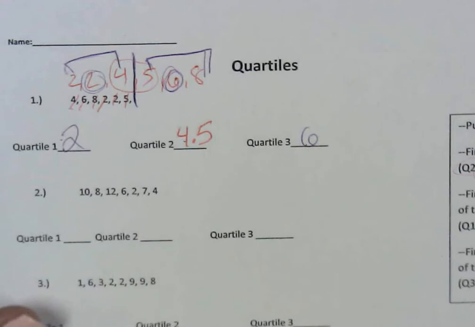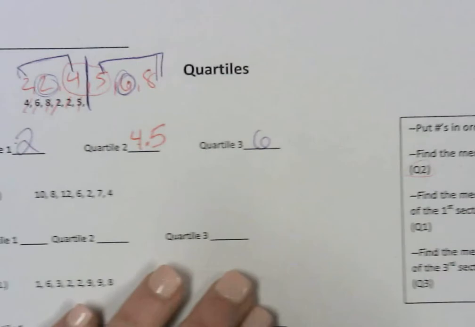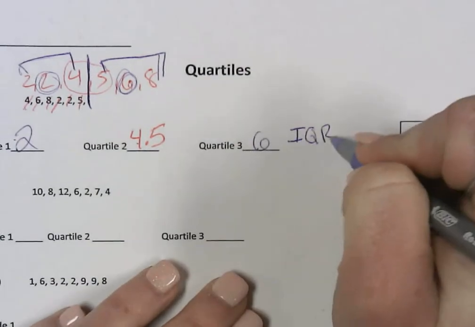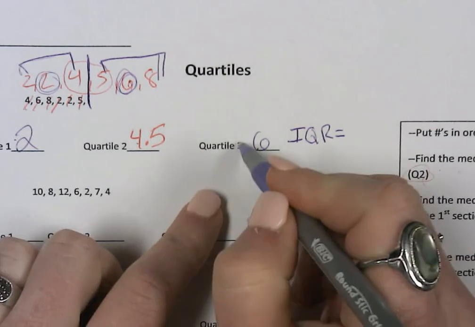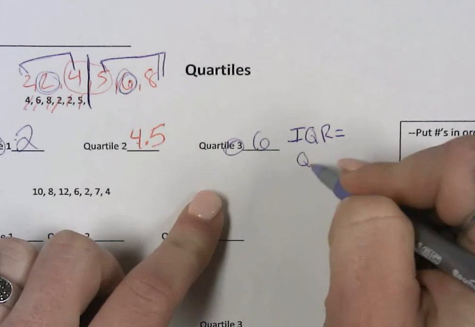Now remember, we said we're going to take these quartile numbers, and there's something called IQR, interquartile range, and we said range is your biggest minus your smallest. So here's our IQR. We're going to find the range. Take your upper quartile minus your lower quartile, so Q3 minus Q1.